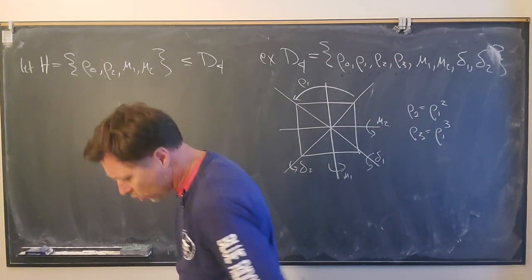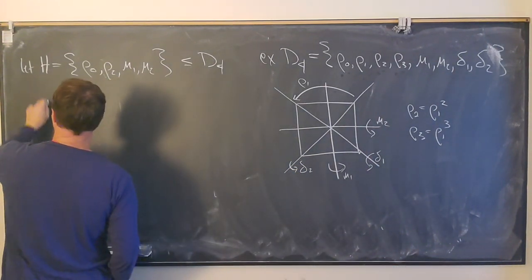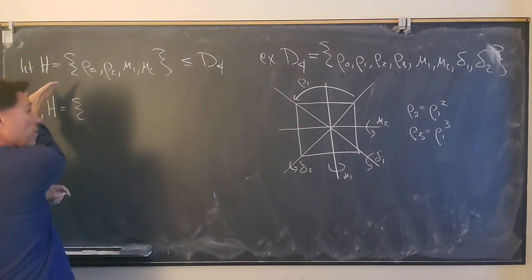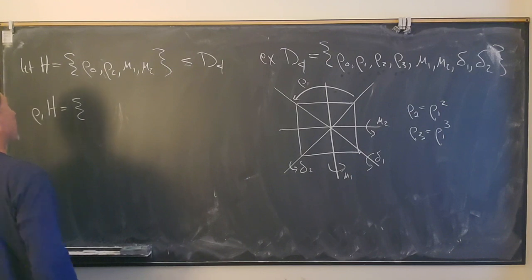So let's look at rho 1 H. So what do we get here? I'm going to multiply on the left-hand side by rho 1.